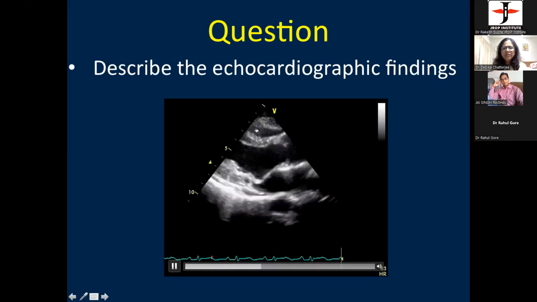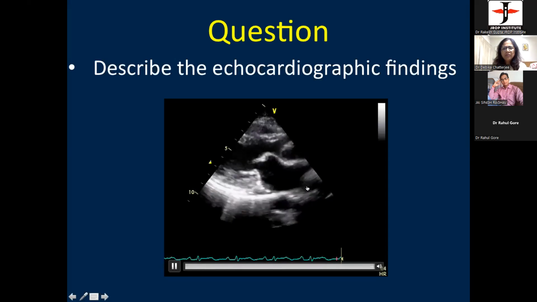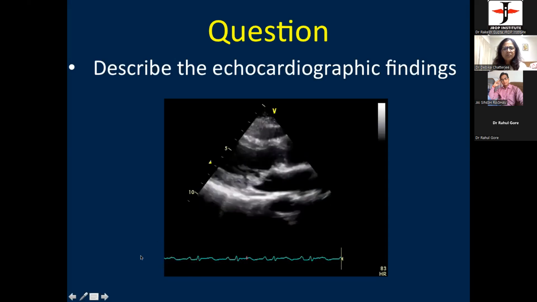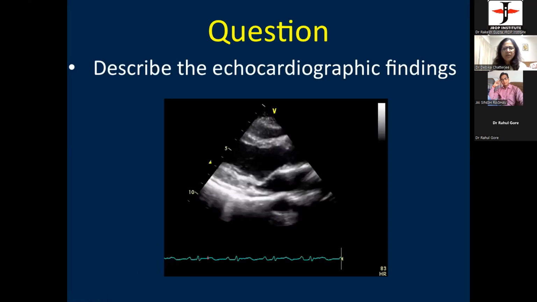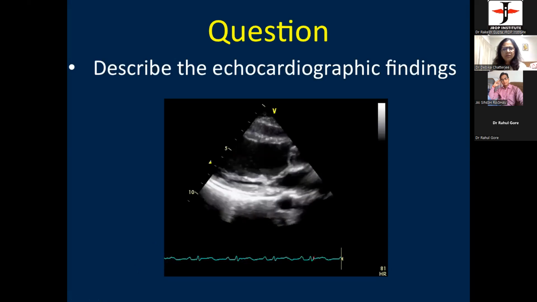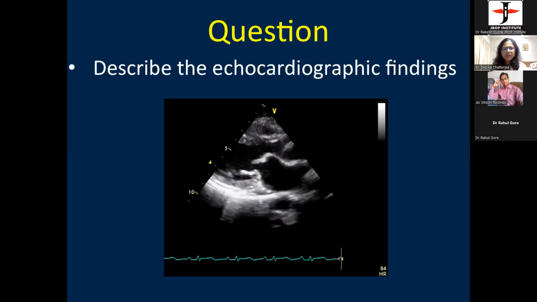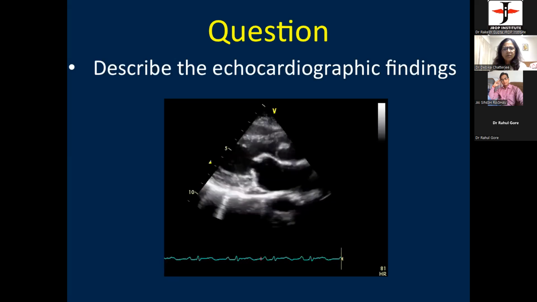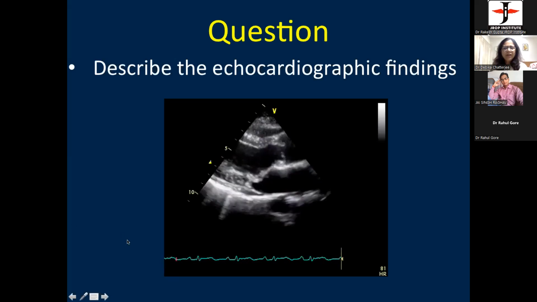Which disease do you think this patient is having? Rheumatic heart disease, ma'am. I will go for rheumatic. Rheumatic aortic valve disease? Not aortic, rheumatic mitral valve disease, ma'am.